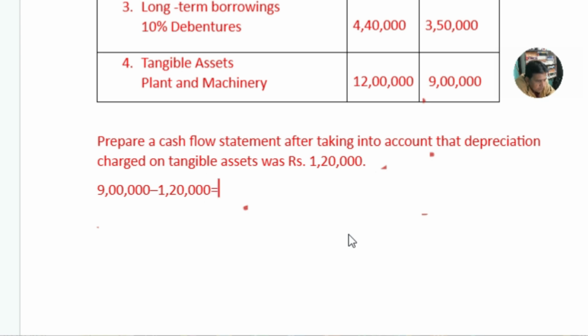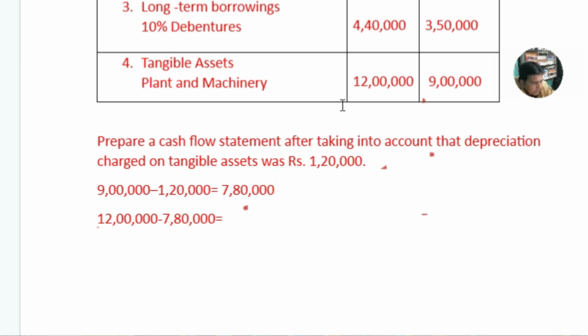Now the balance obtained should be 7,80,000. When depreciation is charged, the value of machinery is decreased: 9 lakh minus 1,20,000, the balance obtained is 7,80,000.